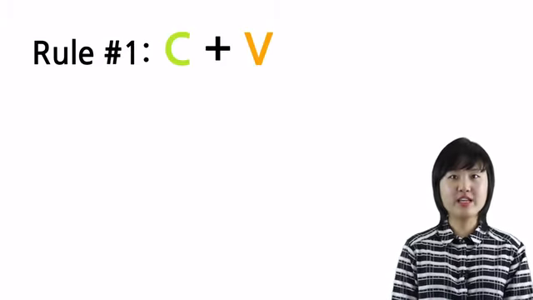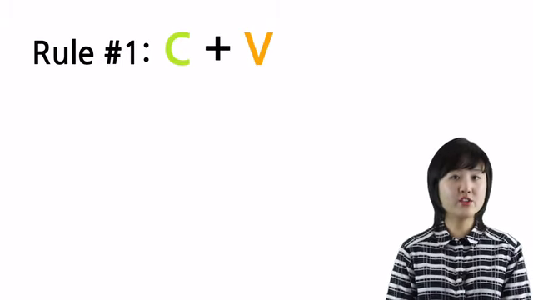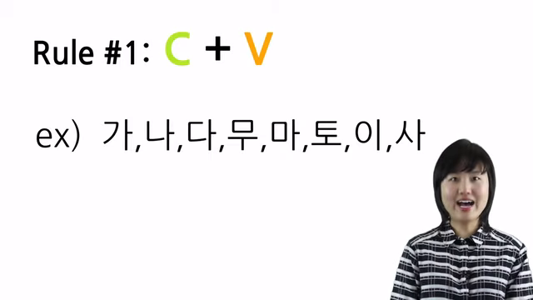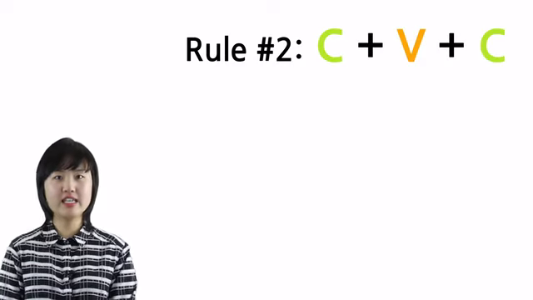Okay, so just summarizing the rules to make a Korean letter. The first one is to have a consonant and a vowel. You need to have a consonant first to make a letter like 가, 나, 다, 무, 마, 토, 이, and 사. The second rule is to have a consonant, a vowel, and a consonant.